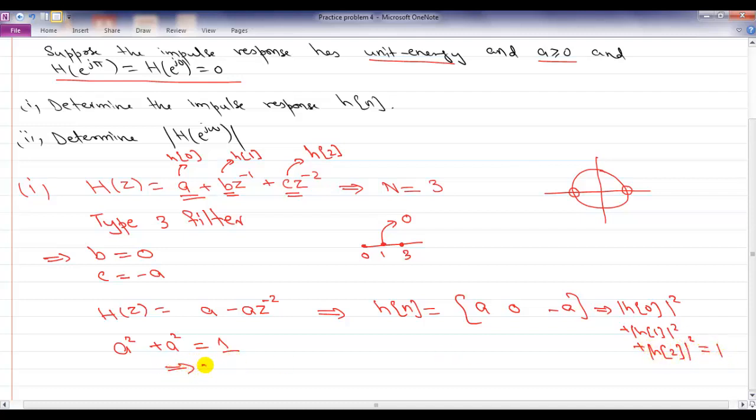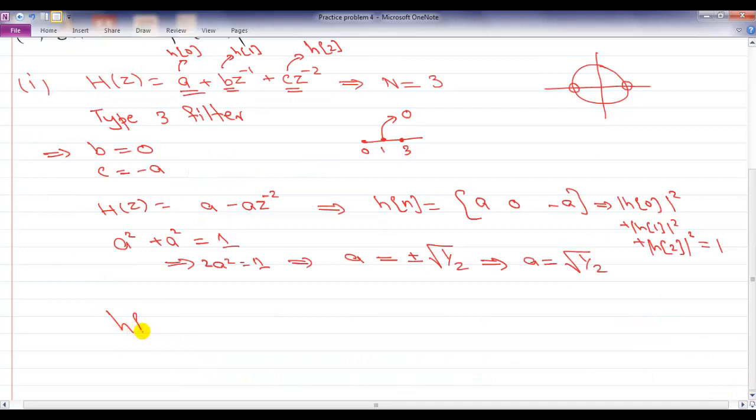So this means that 2A squared equal to 1 and A equal to plus minus 1 over square root of 2. Now we are told that A is greater than or equal to 0. So this means that A is actually equal to square root of 1/2. So my impulse response is h[n] equal to 1 over square root of 2, 0, minus 1 over square root of 2.